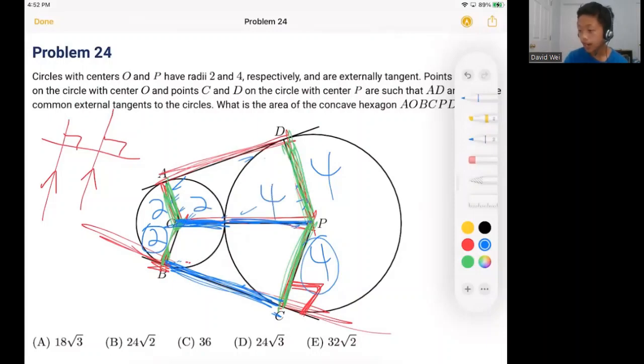So this entire length, 2 plus 4, is going to be 6. The distance from O to P is going to have length 6. Now, a very common strategy: we know this radius is 4, so imagine drawing this perpendicular line down here.